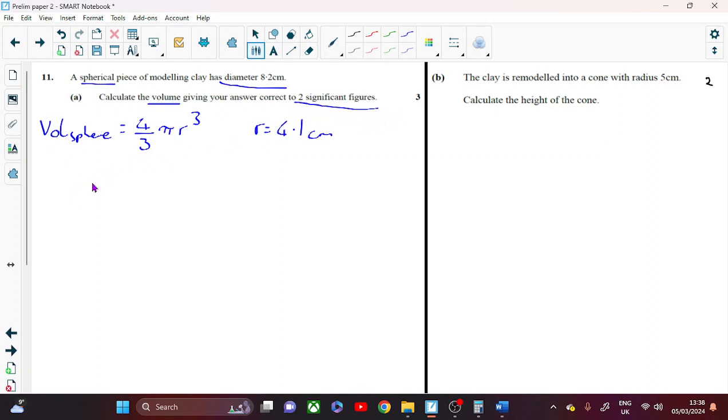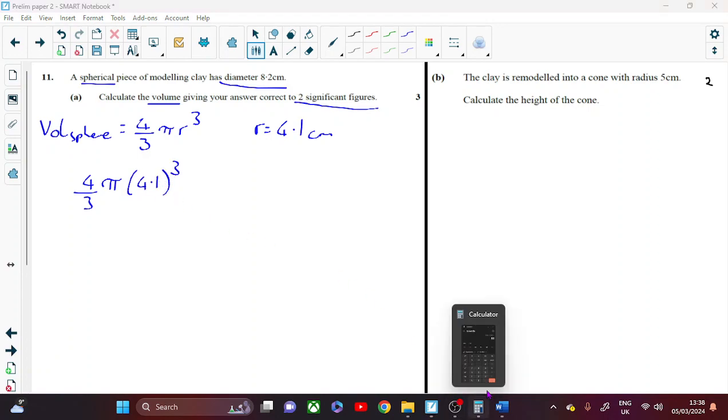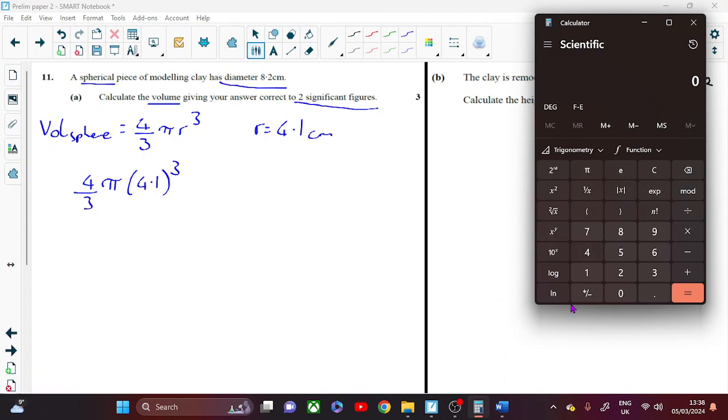So we've got 4/3 pi 4.1 cubed on our calculator. So I'm going to do my 4.1 cubed first.